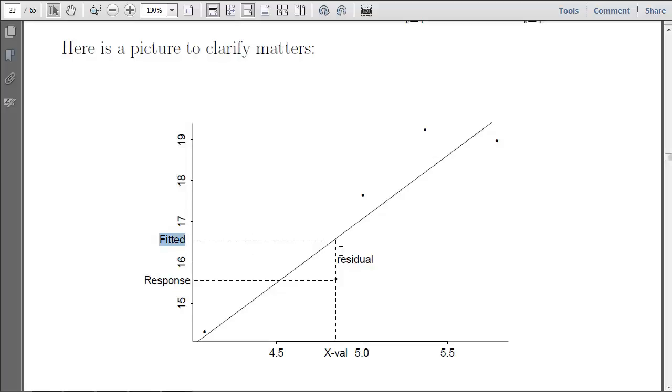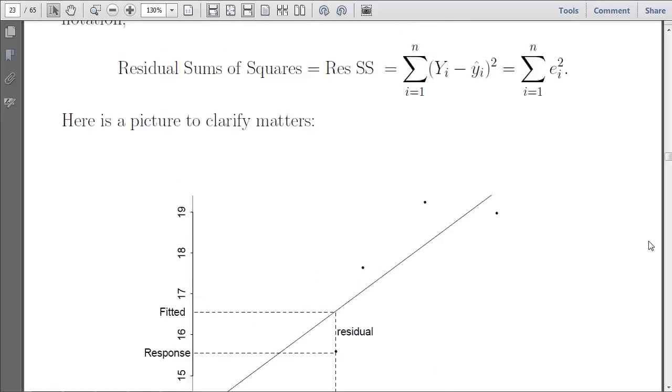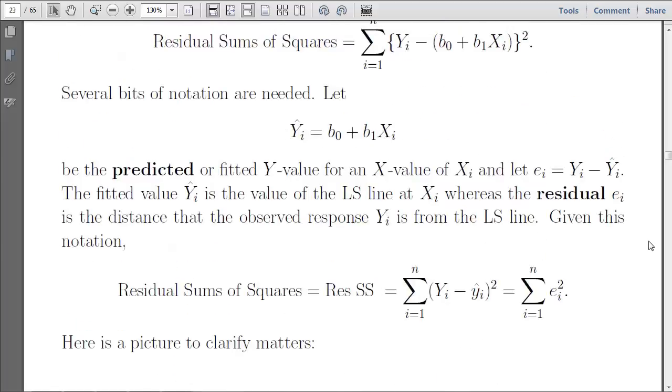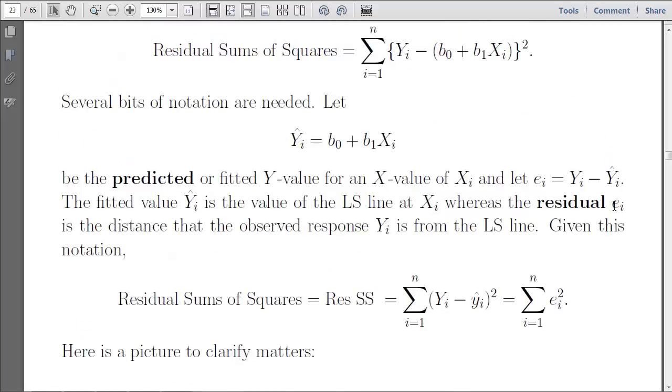And the difference between our response and our fitted value is called the residual. It's what's left over, or what's not explained from the regression line. The regression line is doing the best it can. And the response will not typically be on the regression line, and so this is unexplained variability, the residual. It's also called error. And we use the letter E for error to represent these values.